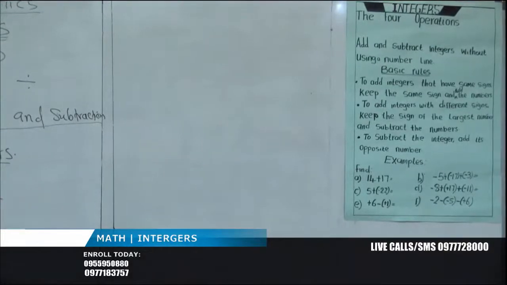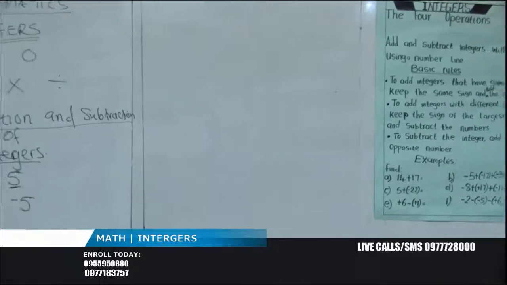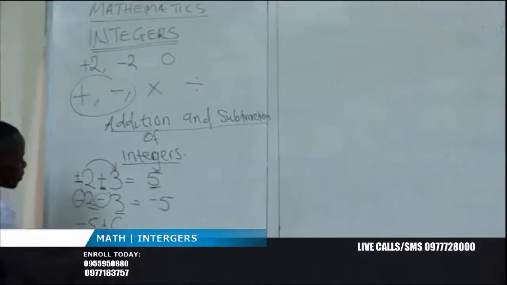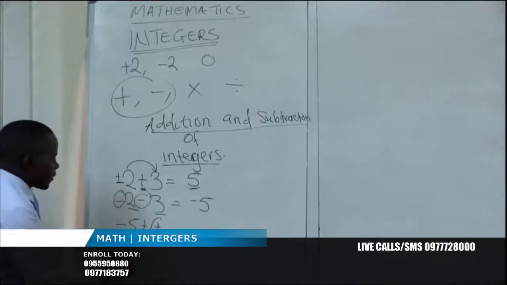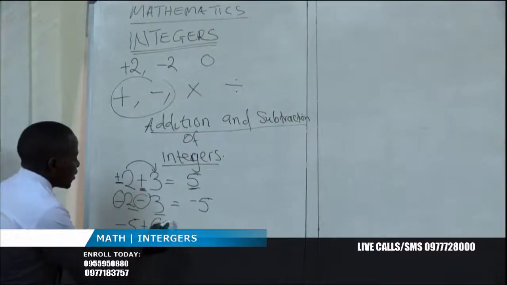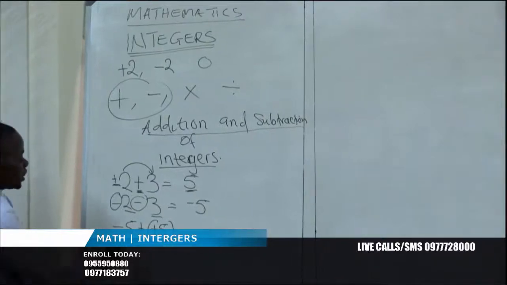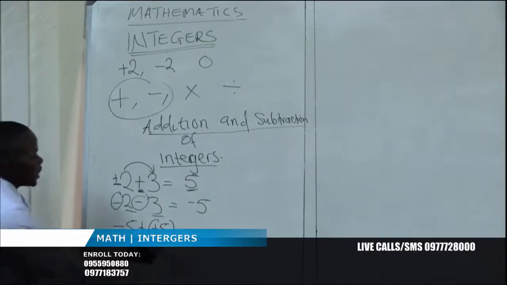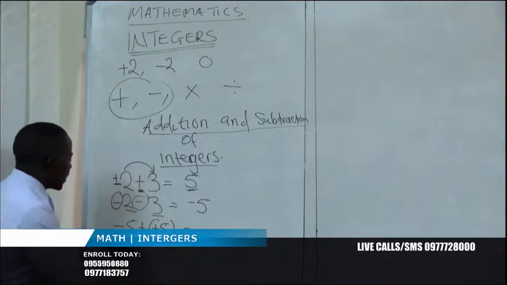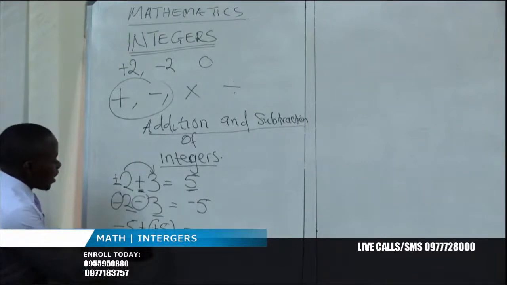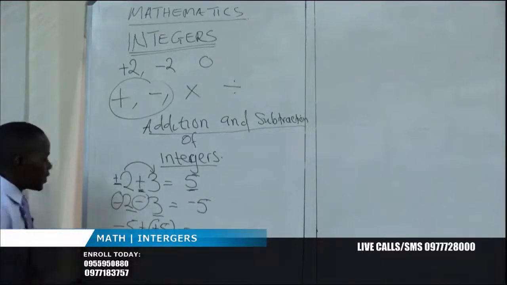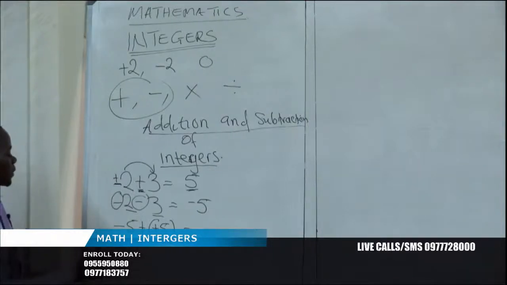We have this one, which is negative 5 plus positive 5. Since it will give you negative 5 plus positive 5, then you are going to subtract.